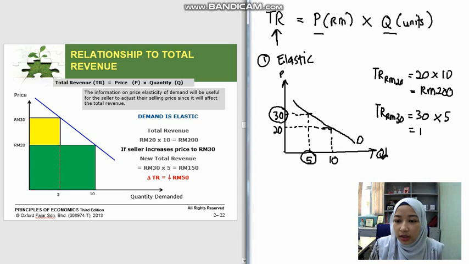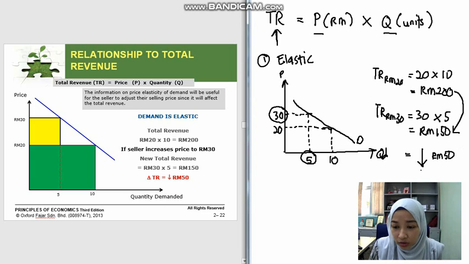So what you get here is RM150. So you notice here that your revenue has reduced from RM200 to RM150. So your revenue is reduced by 50 ringgit.